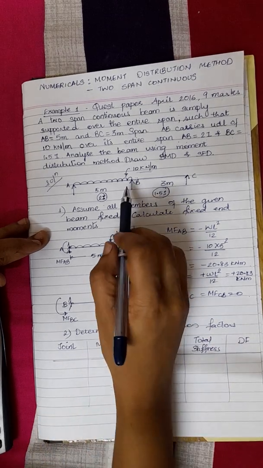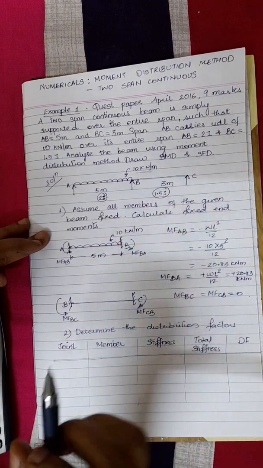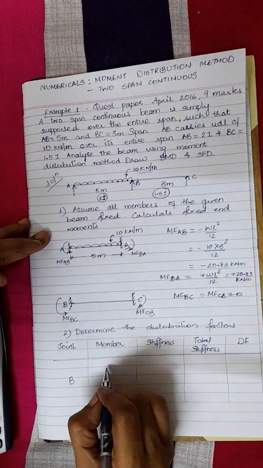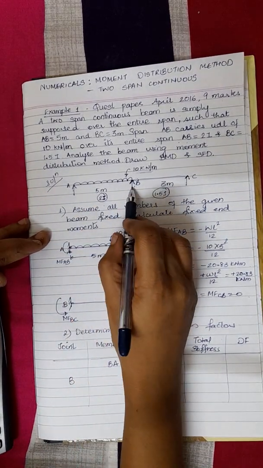There is only one joint, joint B, with members BA and BC.